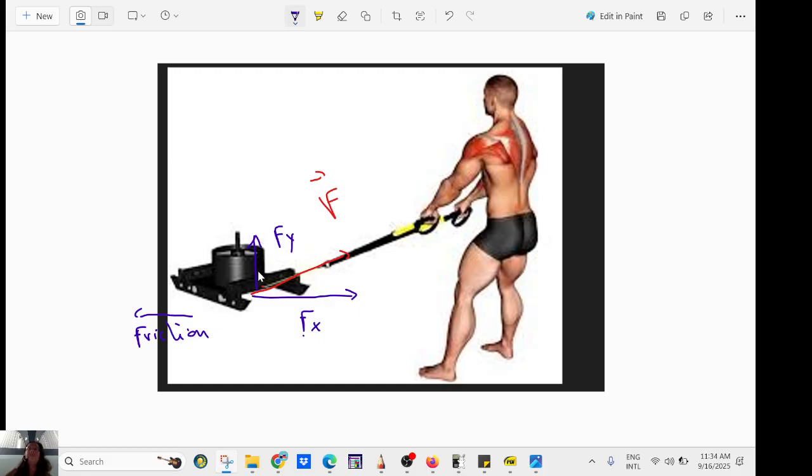Why do you think it's better? When you pull, you're going to decrease friction, right? If it's something very heavy and you pull, nothing will happen. But it's better than pushing, because if you push like this, you put into the ground, so you're going to increase the friction.